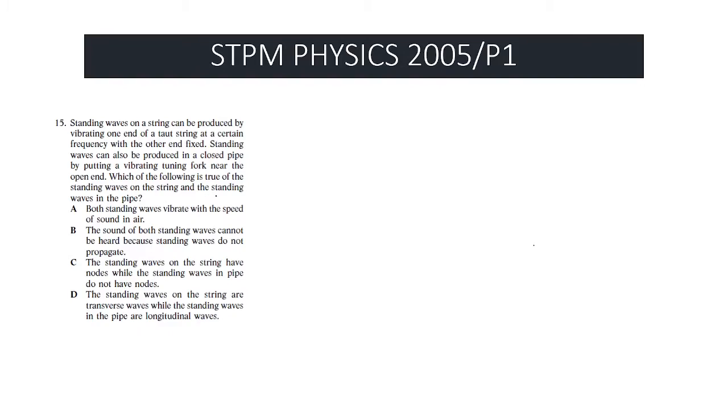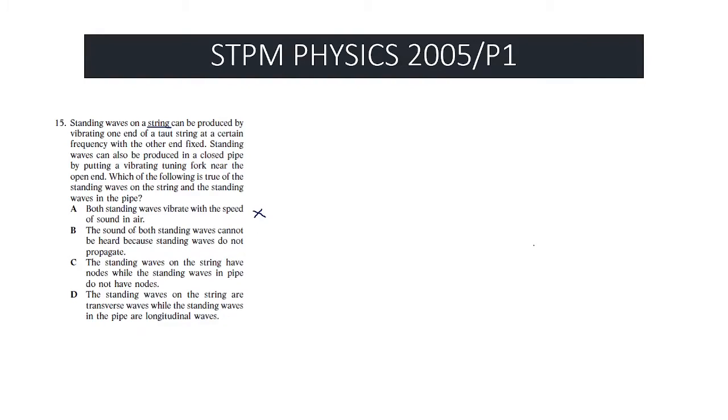A, both standing waves vibrate with the speed of sound in air. This is incorrect. Clearly, for the string case, they are not going to vibrate with the speed of sound in air. It depends how we vibrate it. So A is incorrect.